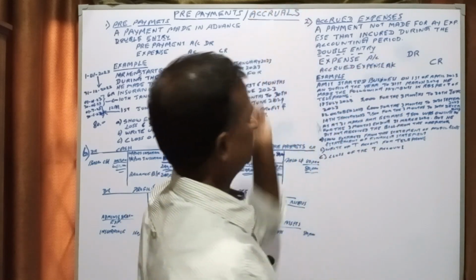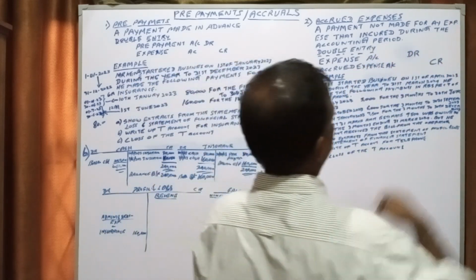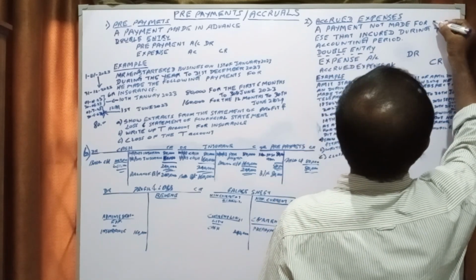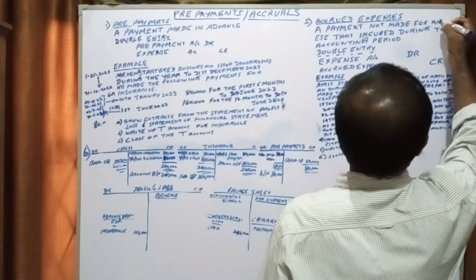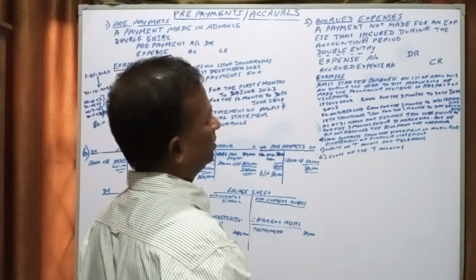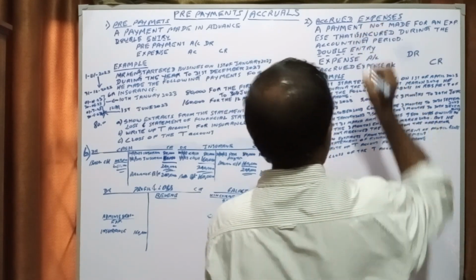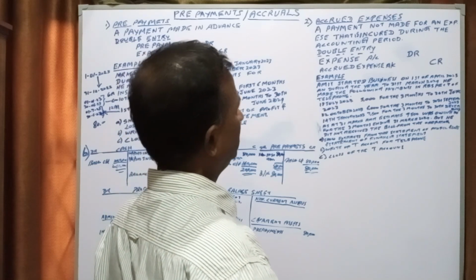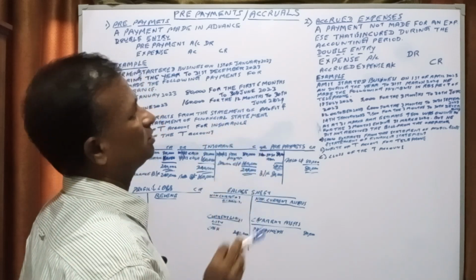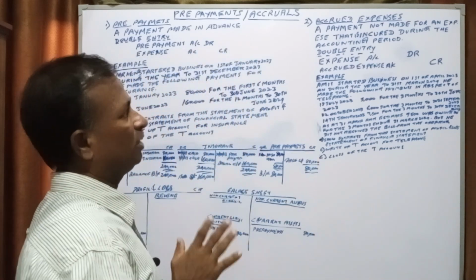Accrued expenses is known as a payment not made for an expense that is incurred during the accounting period.